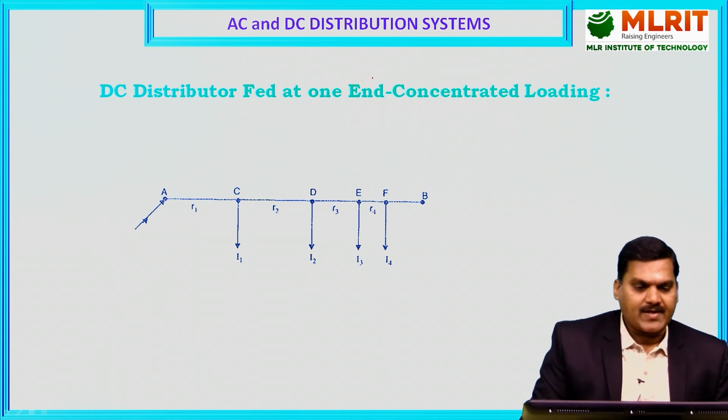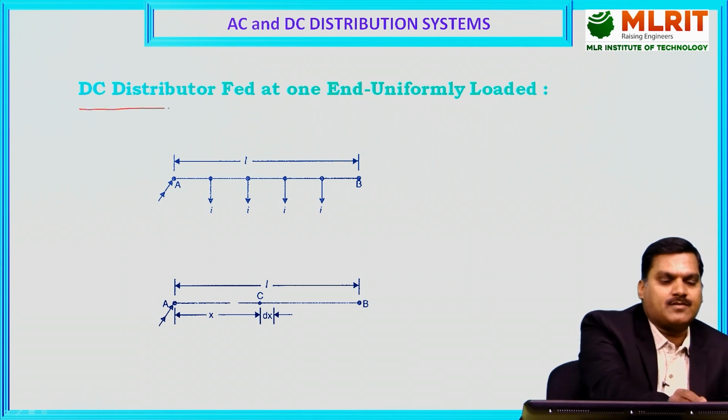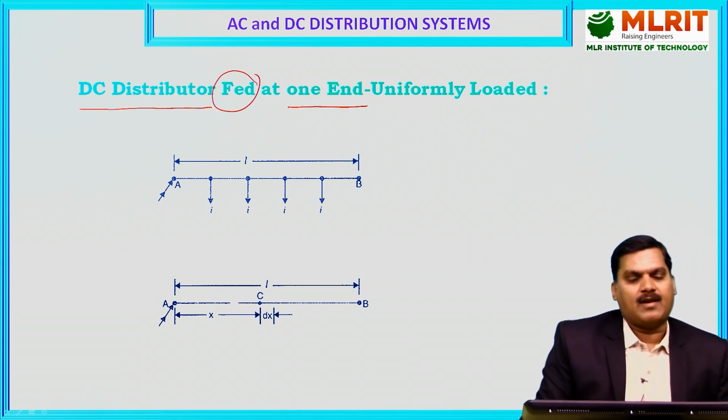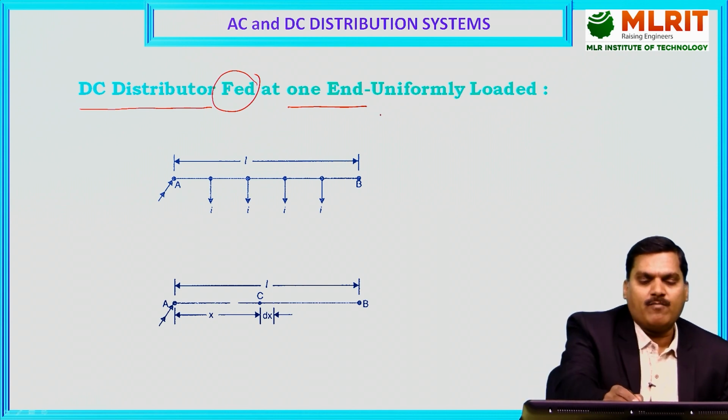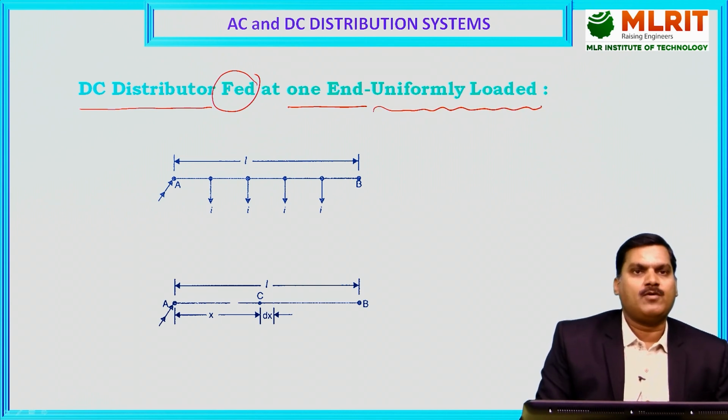Next, another case: the same DC distributor fed at one end like the previous one, but uniformly loaded. What is the meaning of a uniformly loaded distributor?